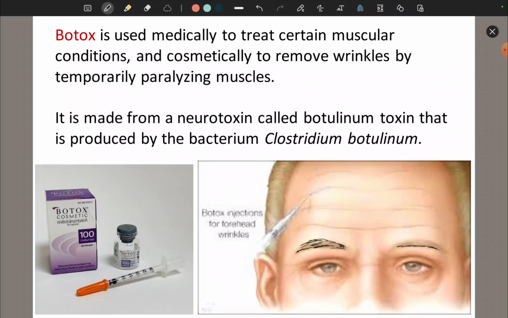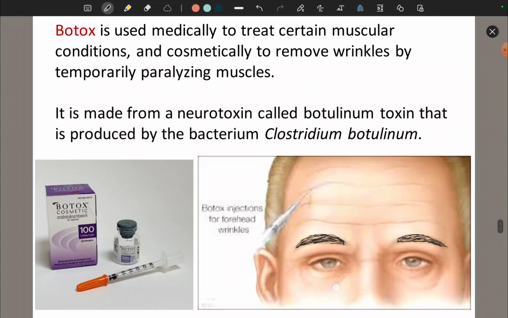And the function of it, when they give it in very low doses under medical supervision, by certain manufacturers who produce it in very low doses, injecting this type of toxin, is that they paralyze the muscles underneath. And this is temporary. It will be released, and it will be removed by the body gradually.